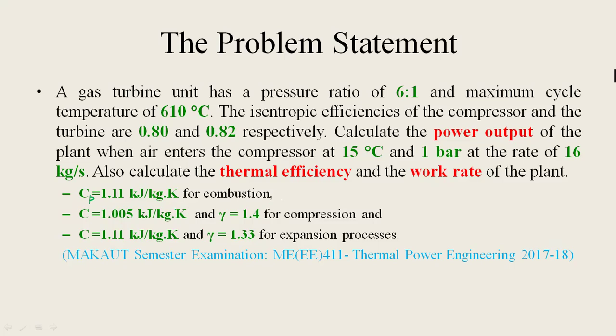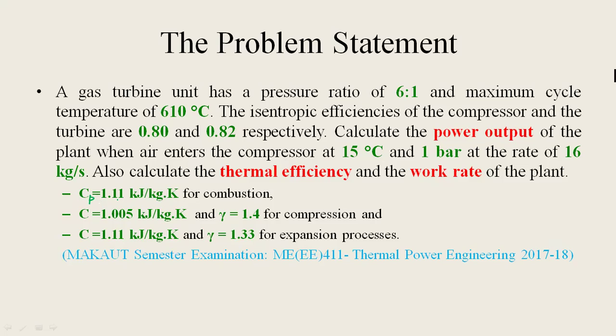That means in this problem, for different processes, the specific heat at constant pressure is taken differently, that is for combustion, compression, etc. After combustion and before combustion, the gases are different, so that is why these are taken differently.